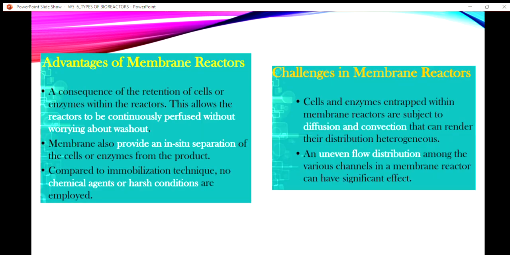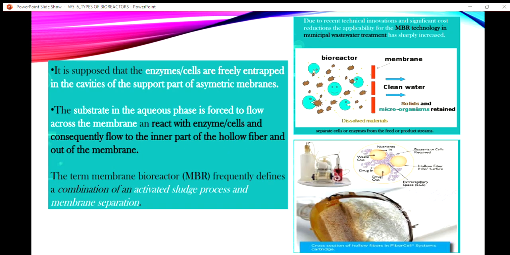Okay. So the advantages of membrane bioreactor is that it provides in situ separation process, and also compact immobilization. For this one, no chemical agent or harsh conditions are employed. But the challenge for this membrane bioreactor is that it is difficult to avoid the cells or materials becoming entrapped in the membrane.